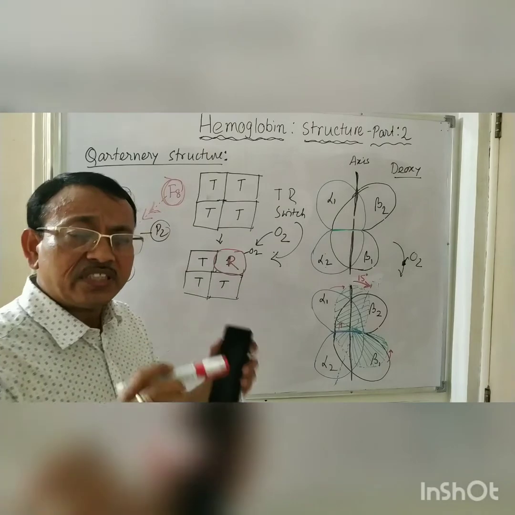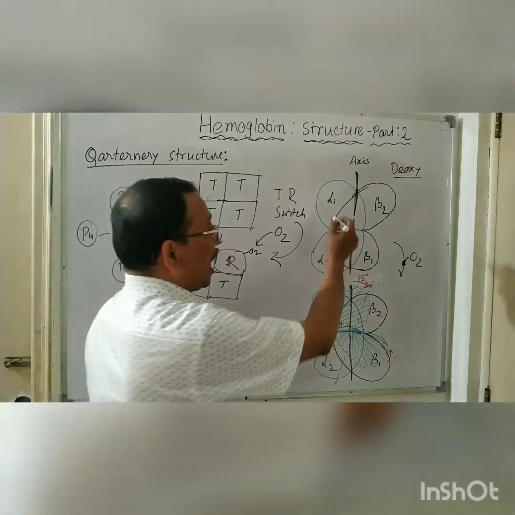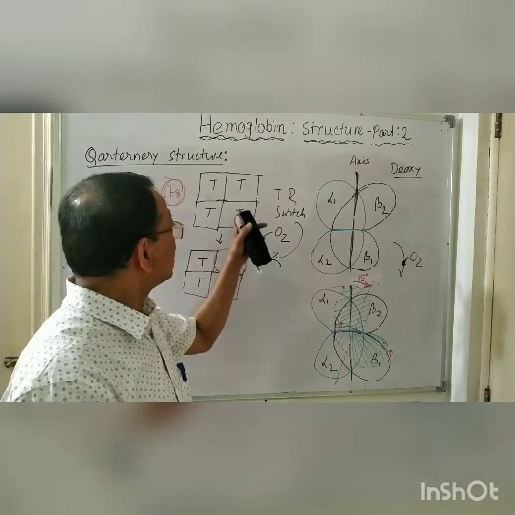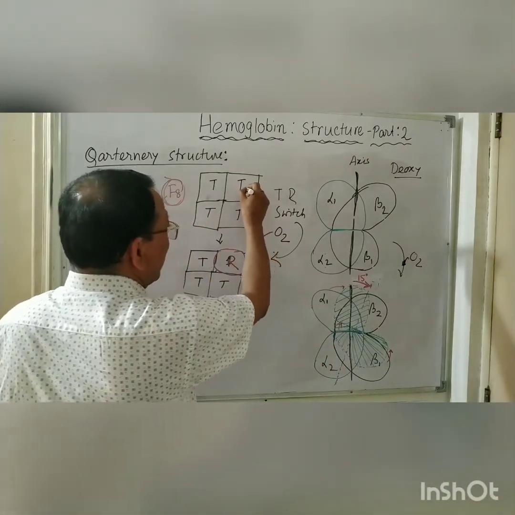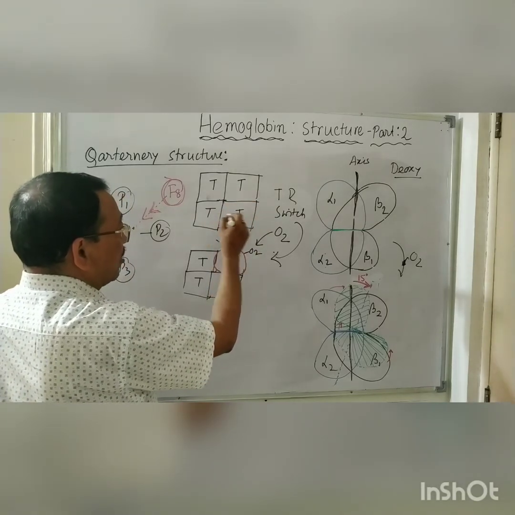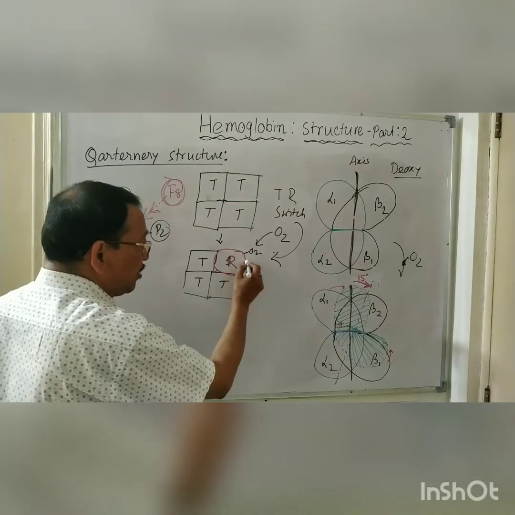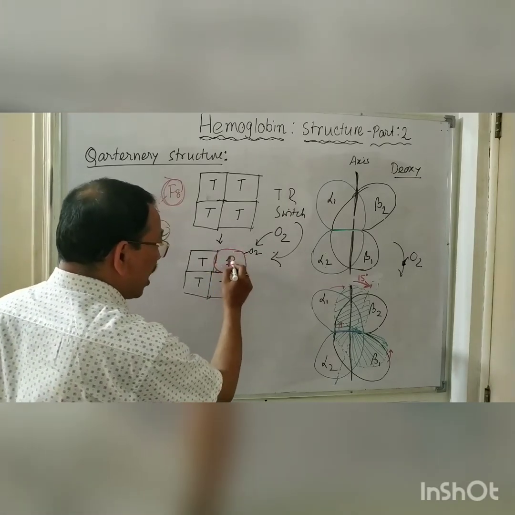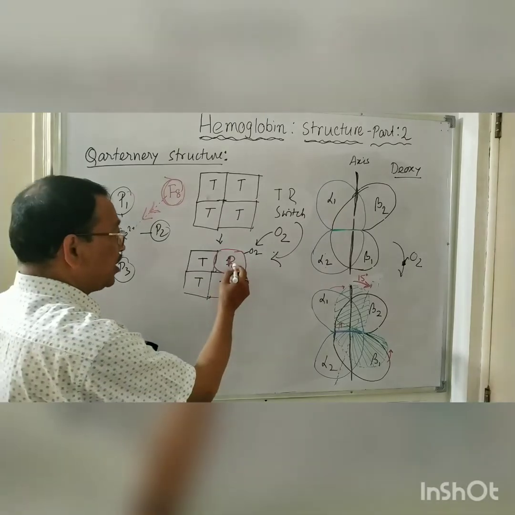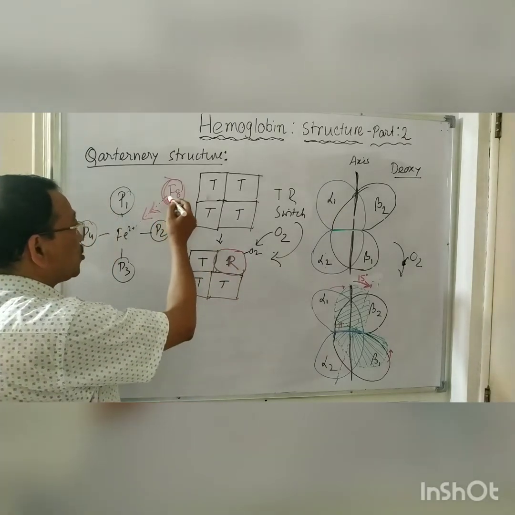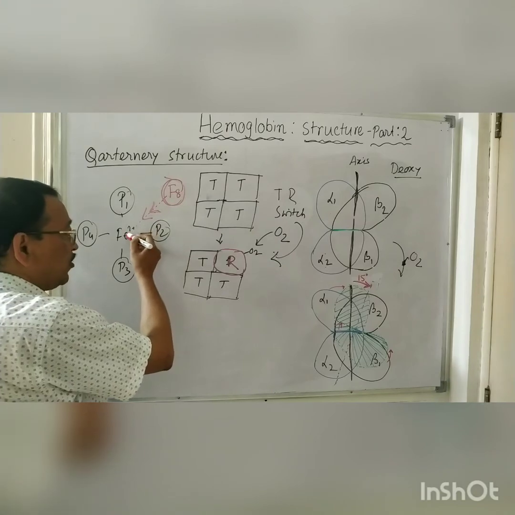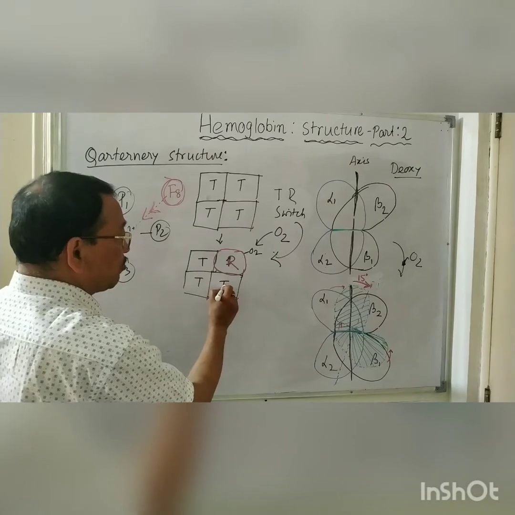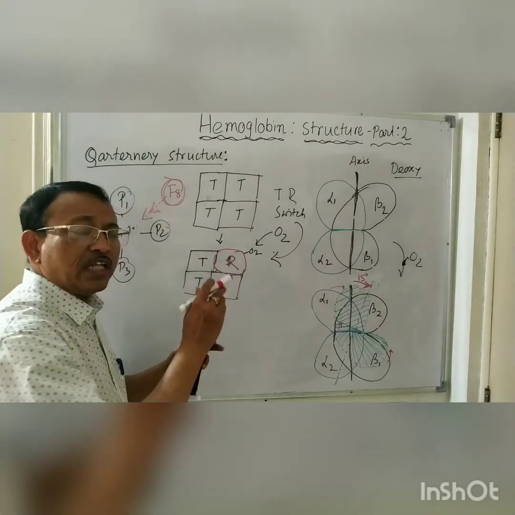The salt bridges by which the other globin molecules are attached to this molecule. Here you say this is another molecule, second, third, and fourth. So once this T molecule is converted to the R state, the relaxed state, because of the pulling of the F8 towards the Fe2+, the salt bridges by which these T molecules are attached to this R molecule will be broken down.